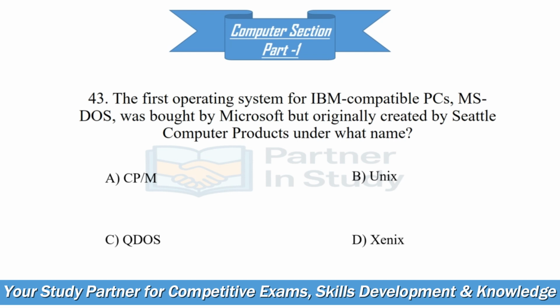The first operating system for IBM compatible PCs, MS-DOS, was bought by Microsoft, but originally created by Seattle Computer Products under what name? The right answer is option C, QDOS.